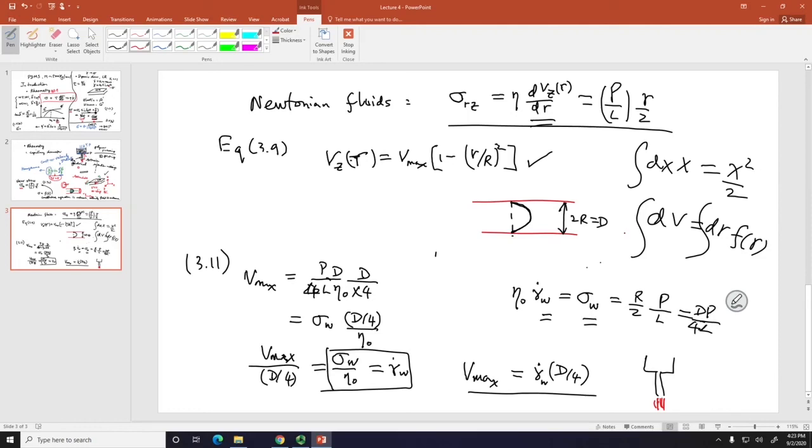In particular, it comes out at a rate called Q, which is how much material comes out per unit time. Okay, I use the letter Q here. How much volume of material comes out per unit time?